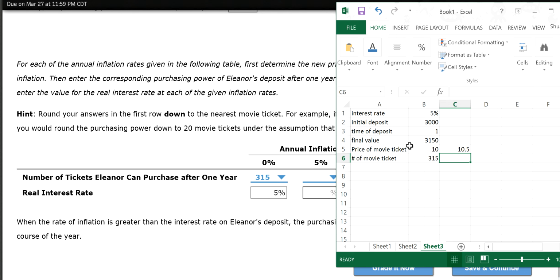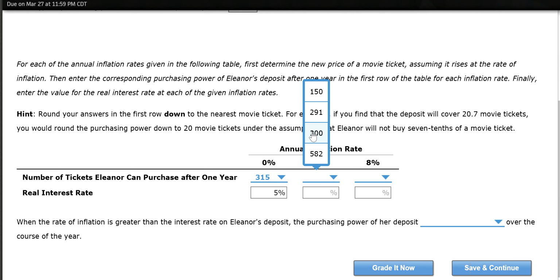The new price for a ticket is going to be $10.50, and then our number of tickets we can buy is $31.50 divided by 10.5. We can still buy 300 tickets. So it's 300 over here. And then again, for real interest rate, use your nominal rate minus inflation. So 5 minus 5 will be 0.